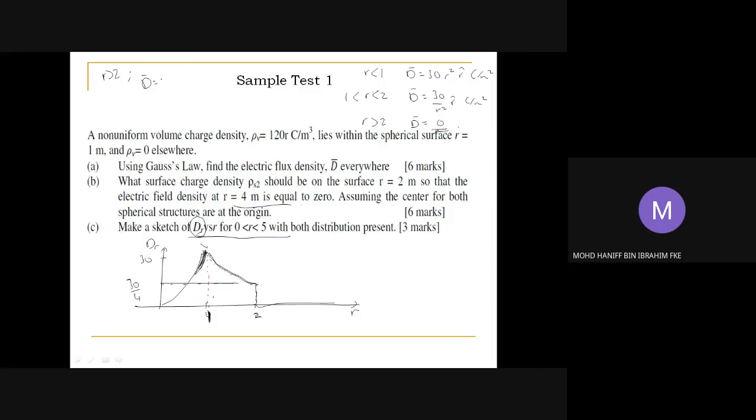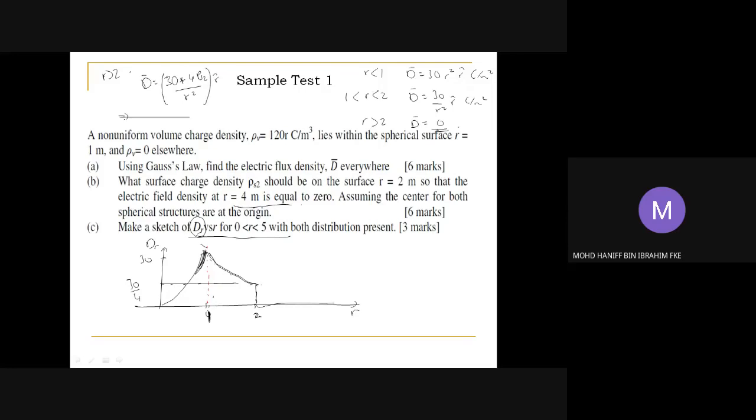It equals what? Can you please help me? 30 plus 4 rho S2 over R squared, right? So 30 plus 4 rho S2 divided by R squared. Am I right then? Okay, good.